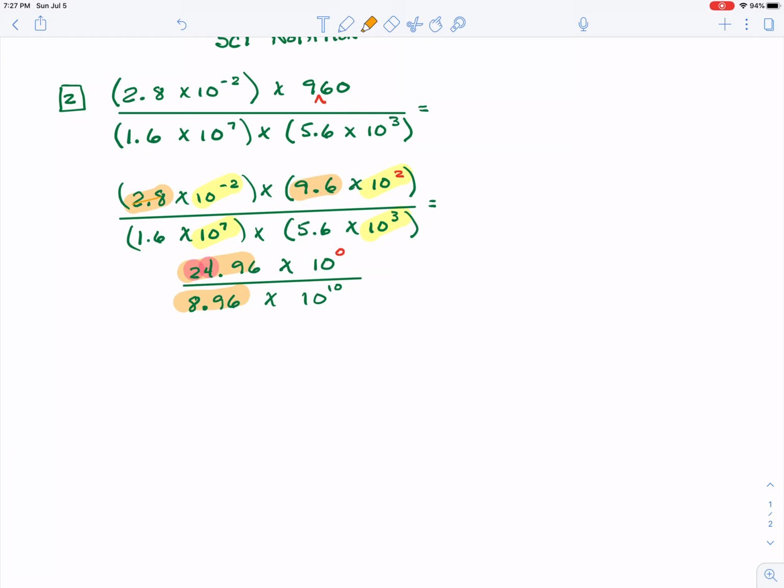Hold on, I must have something wrong. That's not what I got before. Let me see if I've copied everything down right. 2.8 times 9.6 is not 24.96.